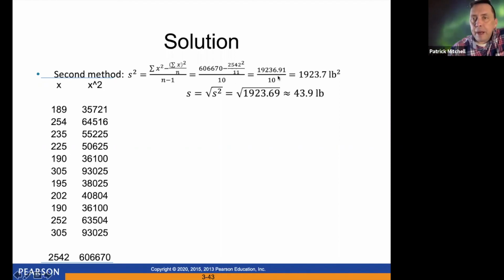And you divide that by 10, and you get the same answer that we got before. I've rounded it to 1 decimal place, 1,923.7 pounds squared. And then this part is no different from the first method, right? The first and second methods are only different for the variance. Take the square root of the variance, and it still rounds to 43.9.